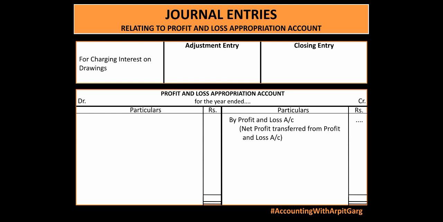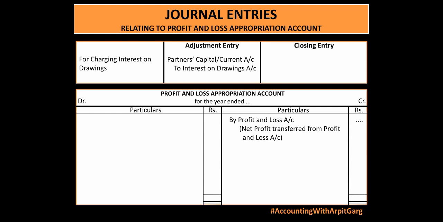So again, all incomes and gains are credited, so we will credit interest on drawing account and deduct partners' capital or current account by debiting their accounts.